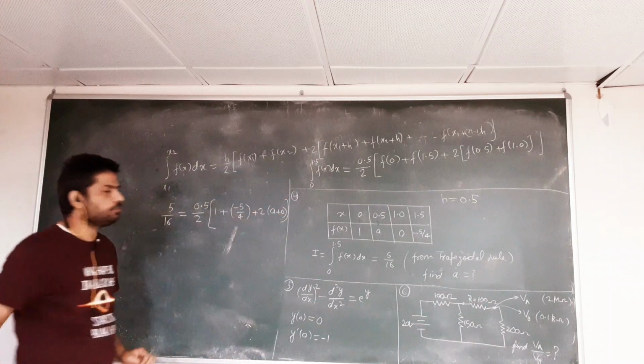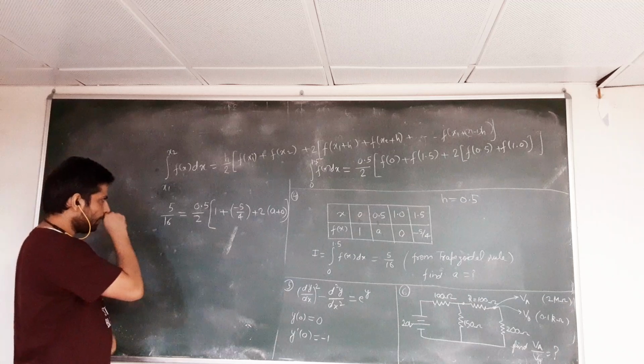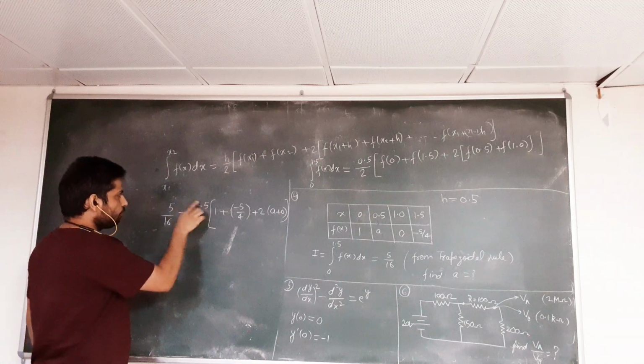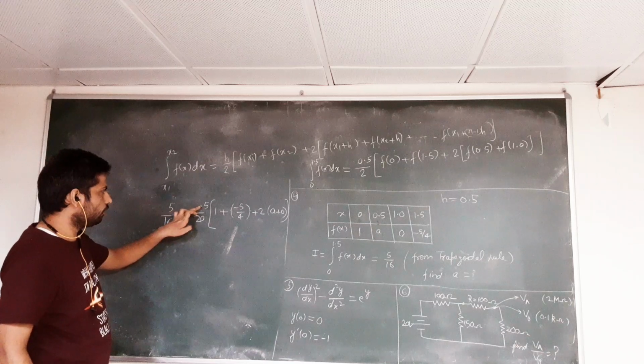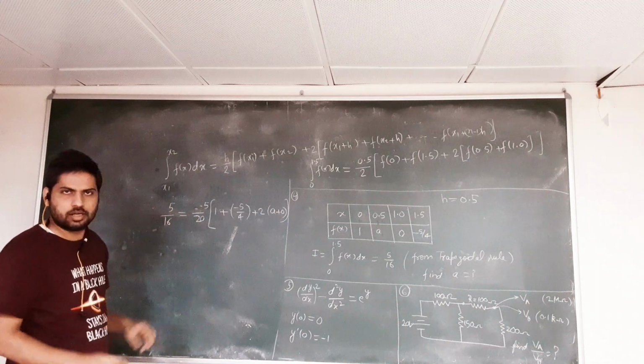So this is the equation we have. We can remove this decimal point and put a 0 here, that is, I am shifting the decimal point and dividing by 10.